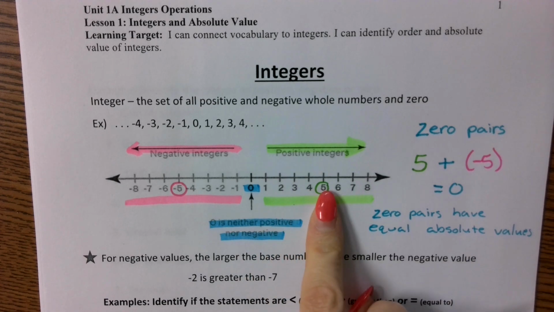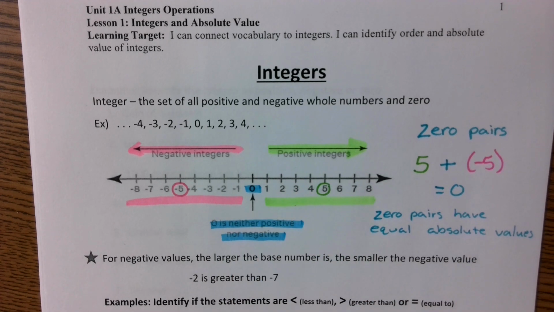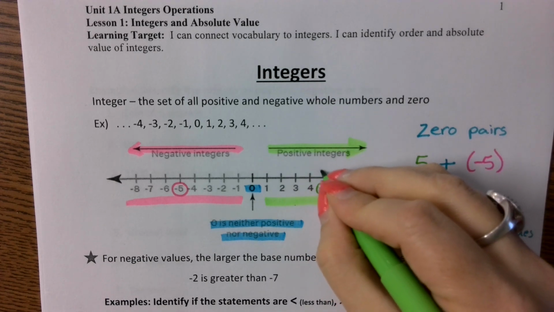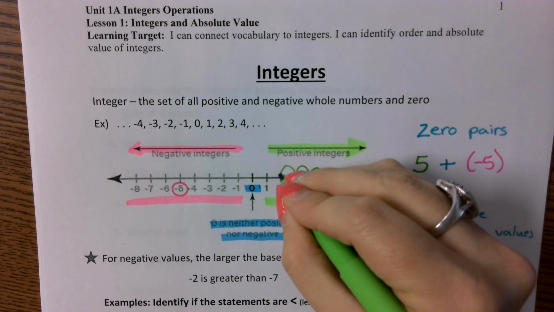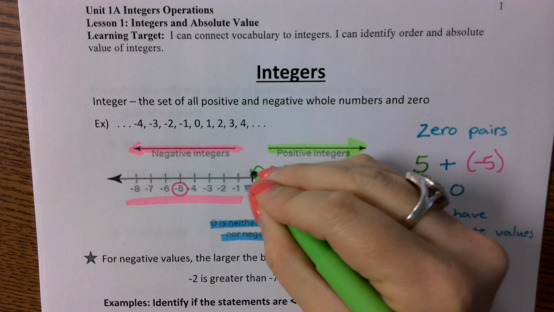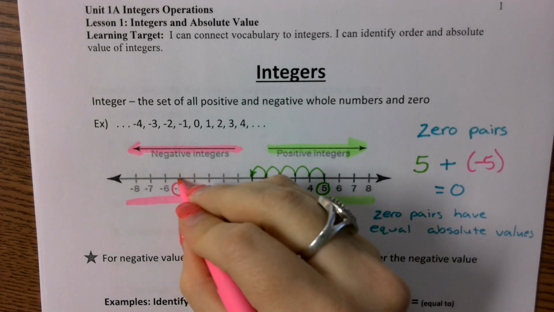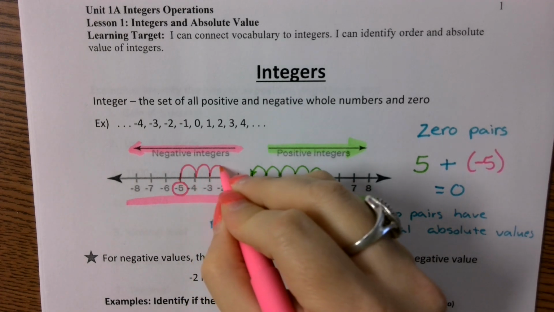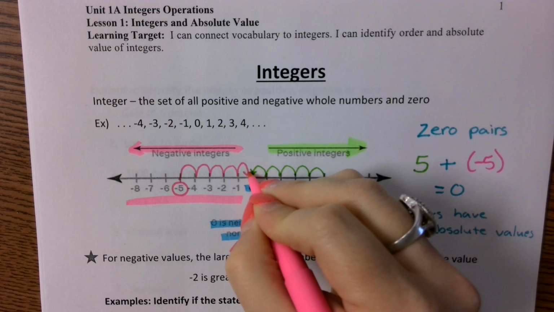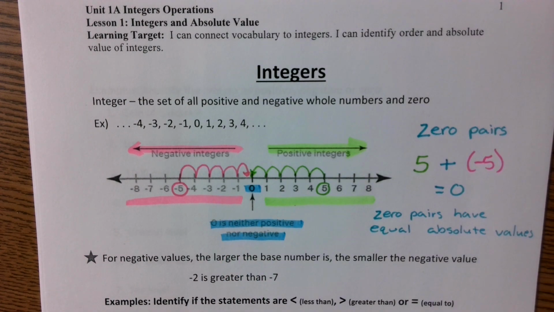So +5 is 5 units away from 0. If I were to jump 1, 2, 3, 4, 5 units away from 0. -5 is also 5 units away from 0. We go 1, 2, 3, 4, and 5. So they have the exact same distance from 0, or absolute value.